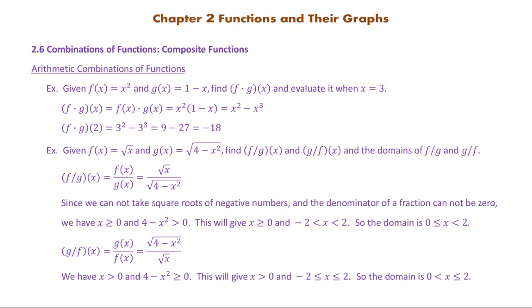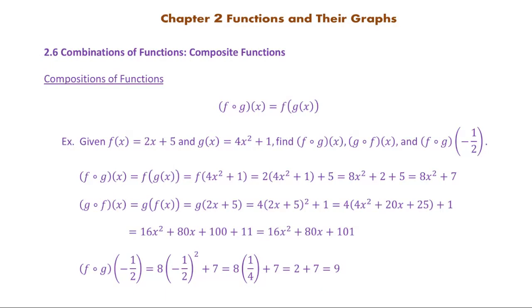You're going to get x greater than 0 and less than or equal to 2. Okay, so this is the problem of finding the domain of functions. Okay, and very important.